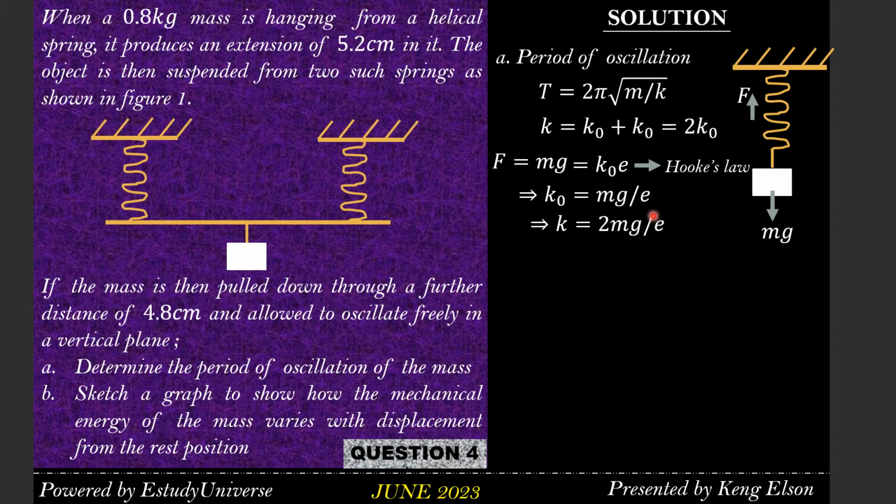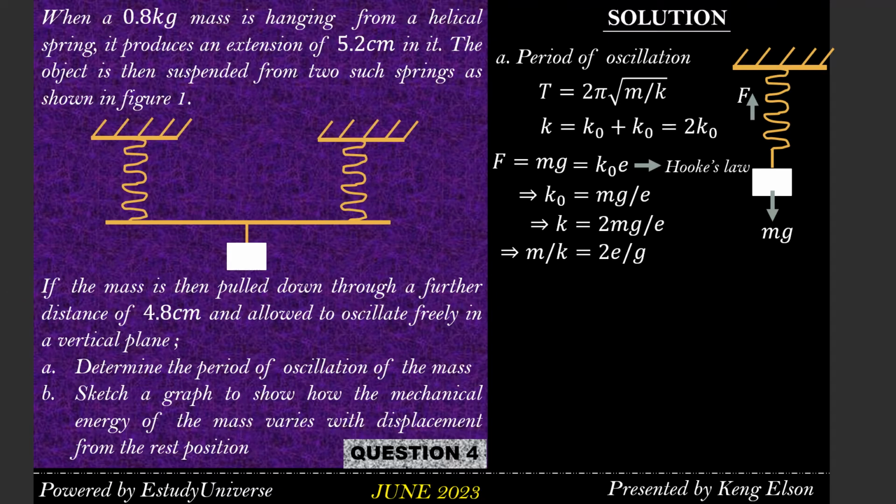From there we get our k, which was 2k0. I just multiply mg over e by 2, and we get 2mg divided by e. Now what about m divided by k? If I divide both sides by k, multiply by e and divide by g, I'm basically going to have that m divided by k should give me e divided by 2g.